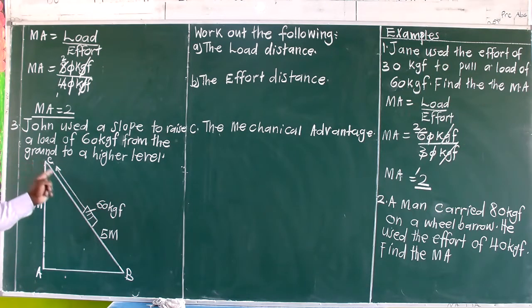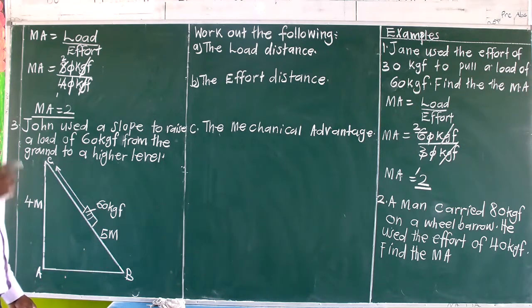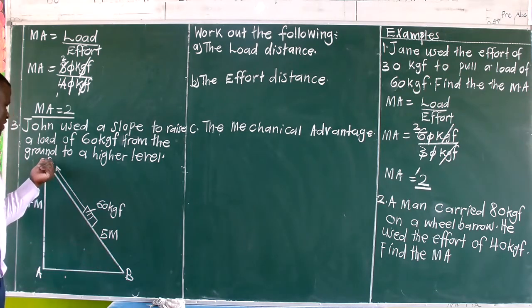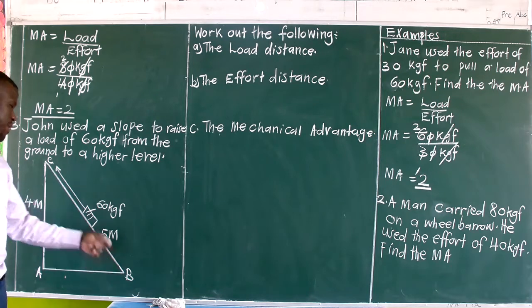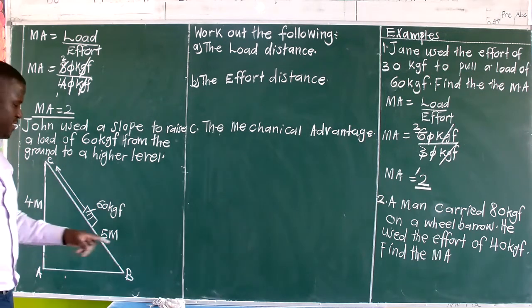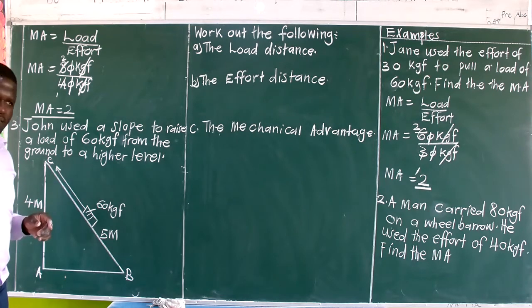That's why we use an inclined plane, a slanting surface, so that we can use less effort. B to C is the effort distance. A and C is the load distance.